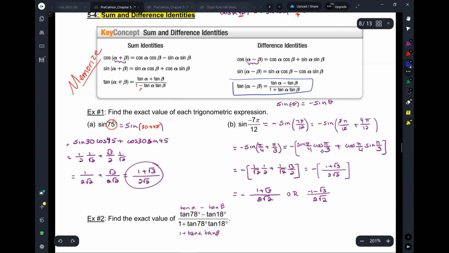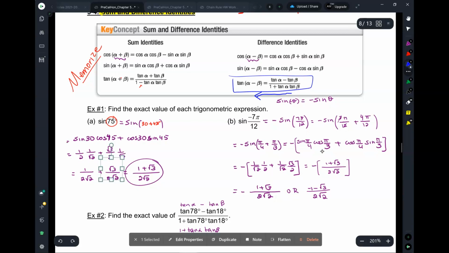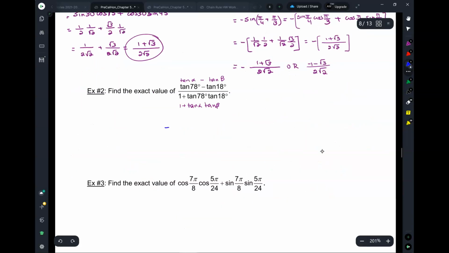Tangent of something minus tangent of something else over 1 plus tangent times tangent. So what does that equal on this end? Because if we could go from left to right, we could also go from right to left. That's tangent of the first minus the second.